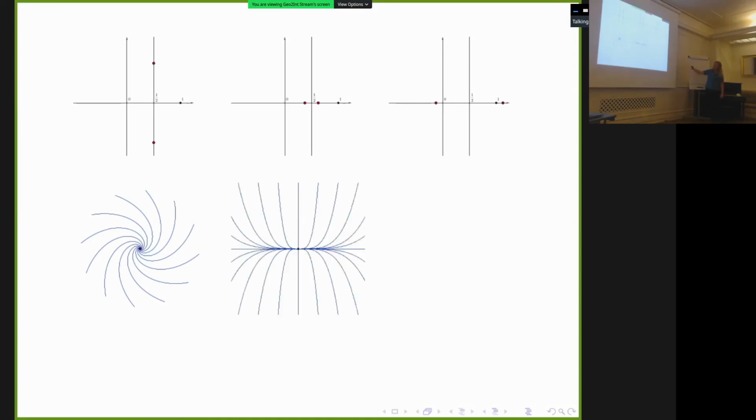Here you have something called a node. And the last case is the so-called saddle. I should highlight that there is different terminology in the contact world and the dynamical systems world. Those two are elliptic characteristic points, and this is the only hyperbolic characteristic point.